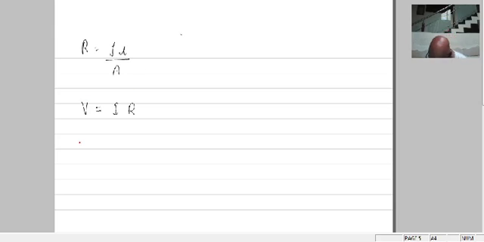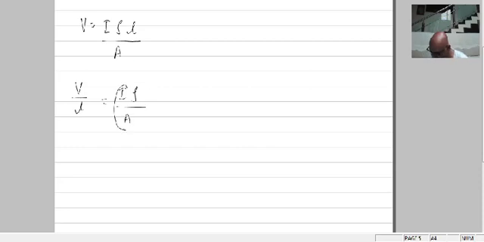Substitute for R. So V is equal to I into rho L divided by A. Now just take L to the left hand side. So V divided by L is equal to I rho divided by A.